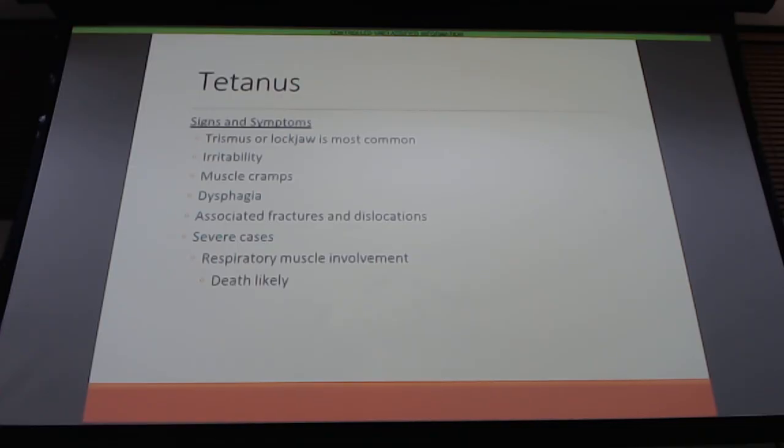These guys need to be hospitalized, because as this continues to go, it will affect your respiratory system. These guys need to be hospitalized. This thing can go and involve your central nervous system, causing meningitis. The thing with these particular ones that do tend to affect your central nervous system, the closer to the central nervous system that your inoculation site is, the faster you'll have central nervous system signs and symptoms.